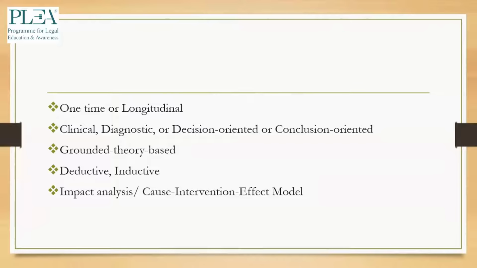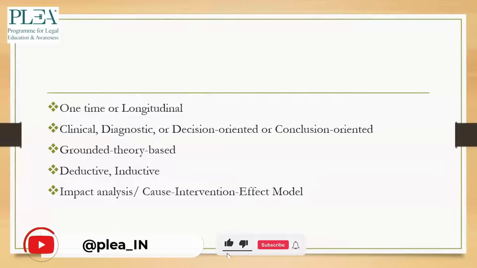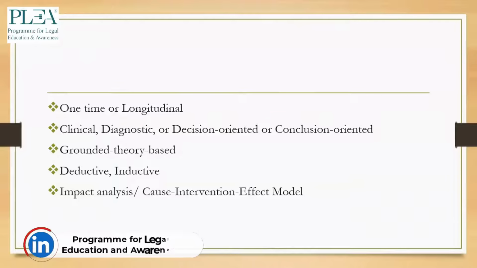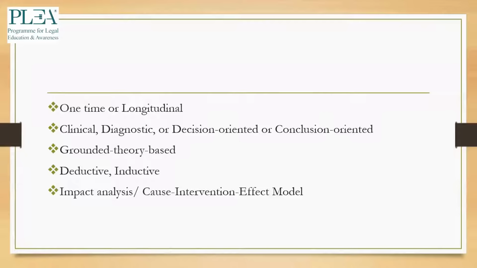After every 6 months or every 3 months, after a particular interval, you again go and visit to see what is the difference between that interval, what good things they have picked up from your last visit, and how they are improving upon it. So that is how there can be a longitudinal study. You can go again and again to your field, collect that data, process and analyze it.